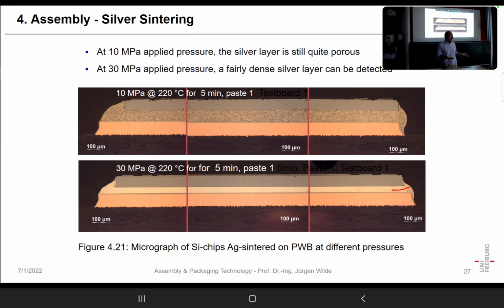And silver is strong, and silver has the best thermal conductivity. Pure silver has 400. So that would mean silver is 8 times better in thermal conductivity compared to solder material. And that was a big progress. And so that's the reason why many high power modules are now using sinter technology.